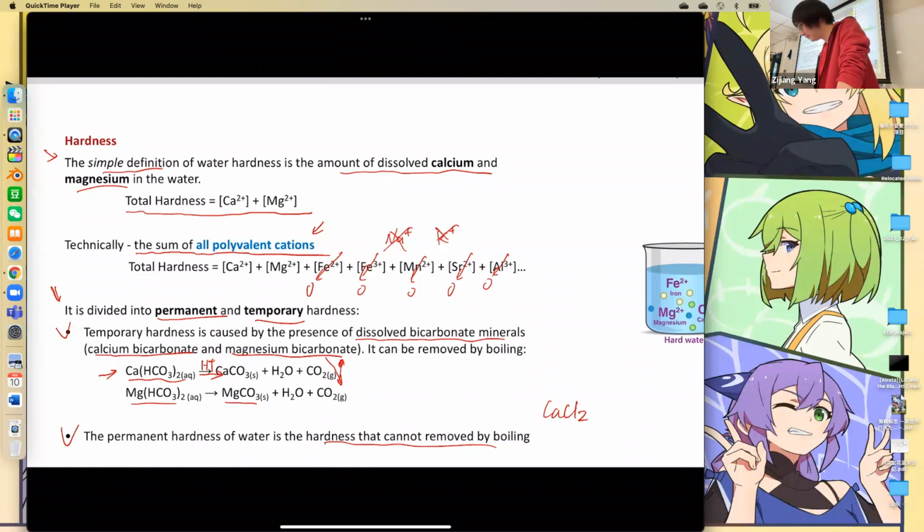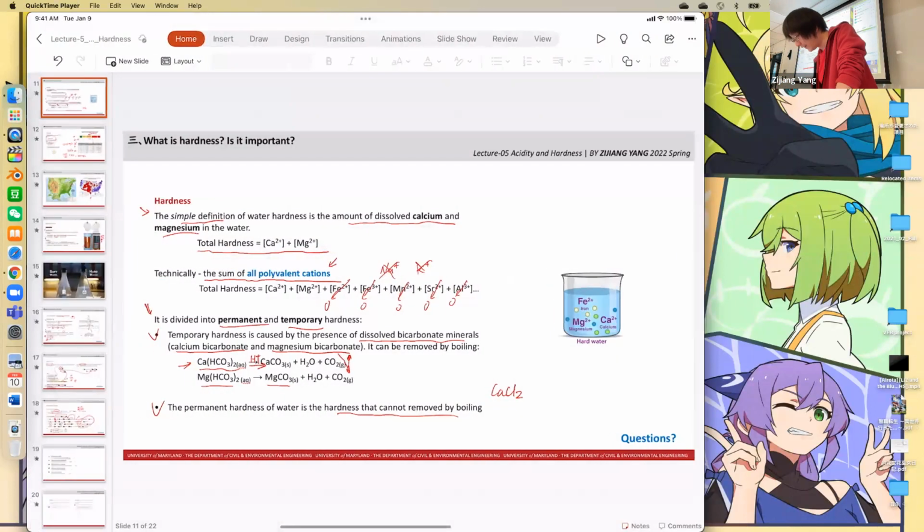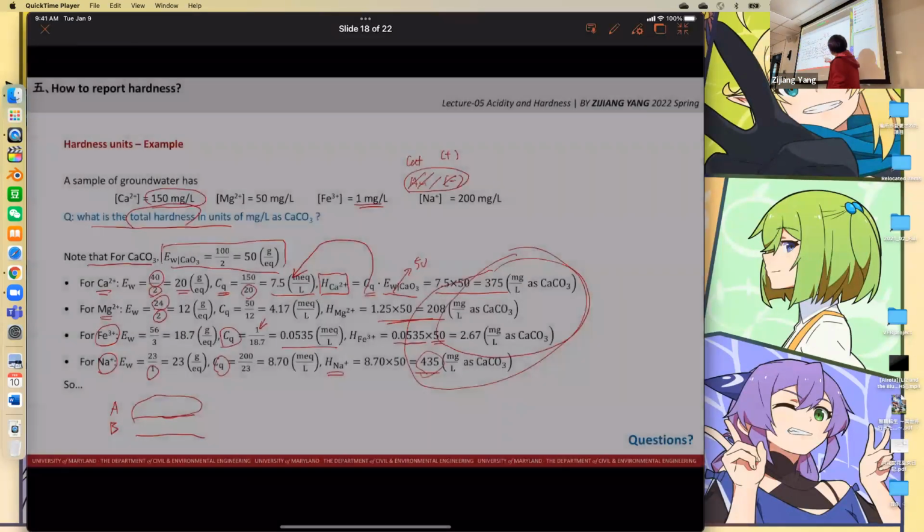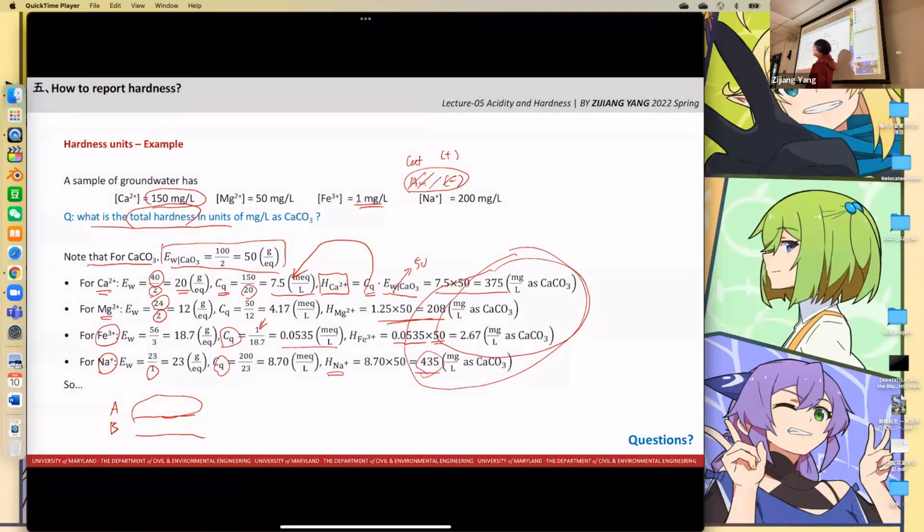But from this example, we can also see that the concentration of iron is pretty small, and its contribution compared with magnesium and calcium is negligible. But in the calculation, in the quiz, you need to consider this one.